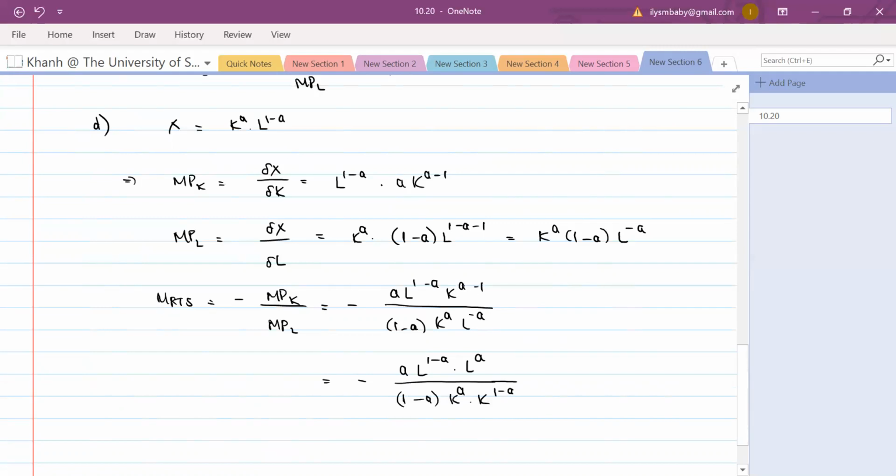So if I move k to the a minus 1 to the denominator, it will change the sign of the power, going from a minus 1 to 1 minus a. And so that is just going to give me a on 1 minus a. Now L to the 1 minus a times L to the a will give me L. Very similarly, in the denominator, I'll get k. All right, so that is the marginal rate of technical substitution for this case.